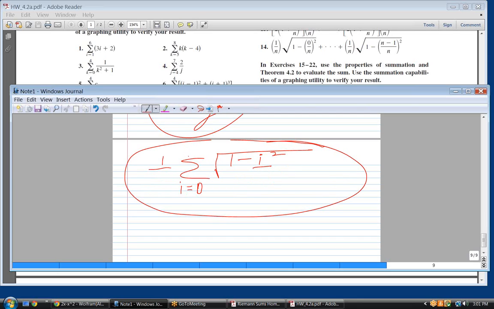They want to leave n so that n can be anything we want it to be, and in which case, I didn't quite write this correctly here. Let's see. It's the square root of this right here, 1 minus n minus 1 over n. This is I, not n, is the problem.